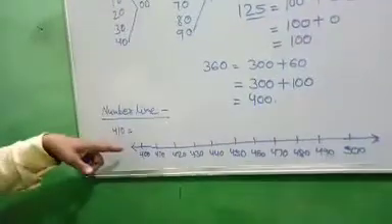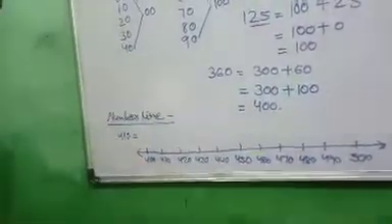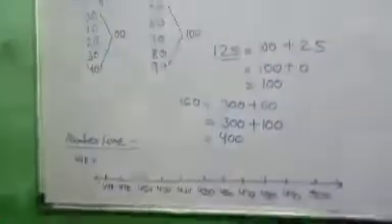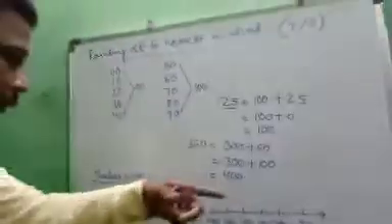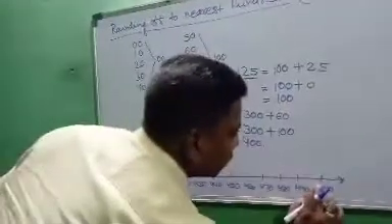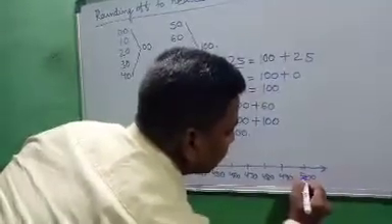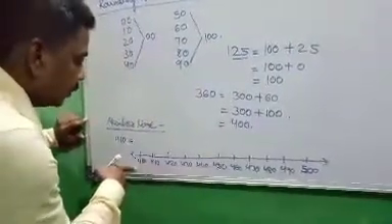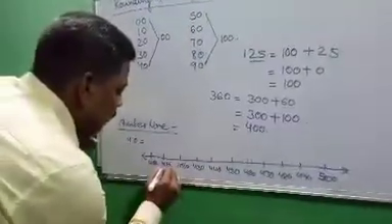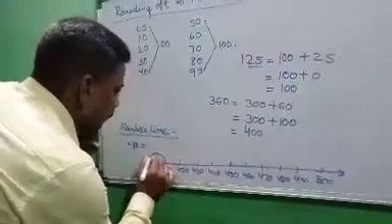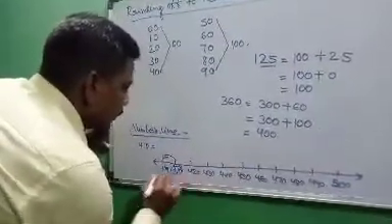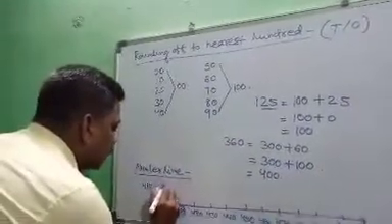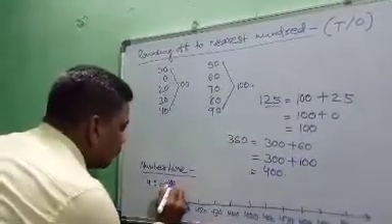Our number is 410. Now look, 410 is nearer to which number, 400 or 500? 410 is nearer to 400. Okay. So its rounded value will be 400.